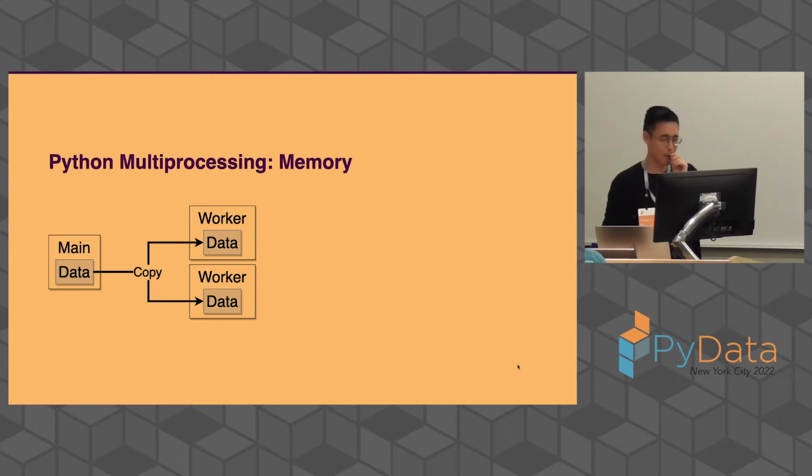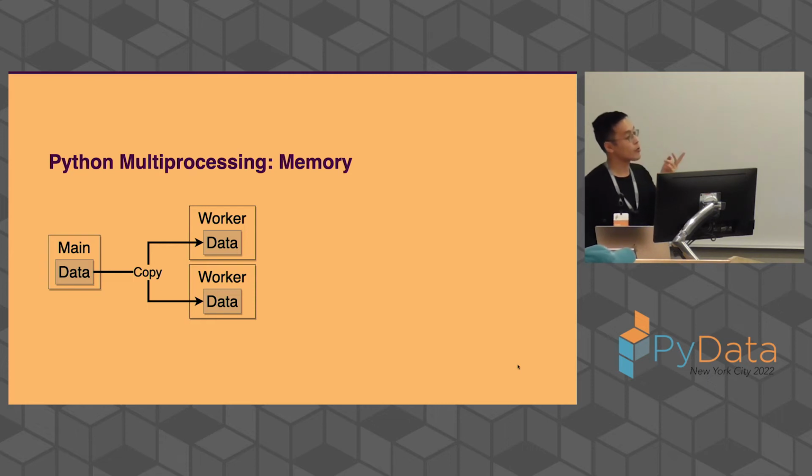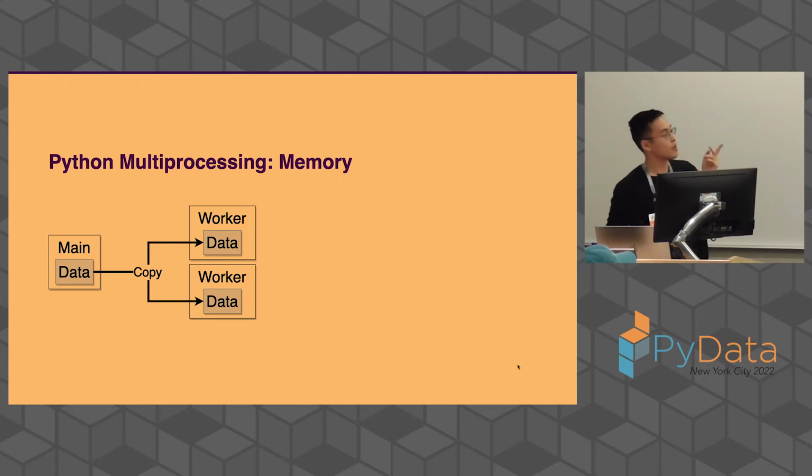As I said before about memory, when using multiprocessing, you have your main process, which could be your Jupyter notebook. It has data, and then spawns all these workers to do some computation. By default, the data is pickled and copied onto these workers to do computation. That bloats memory; if this is on one computer, it would use up your RAM, basically.